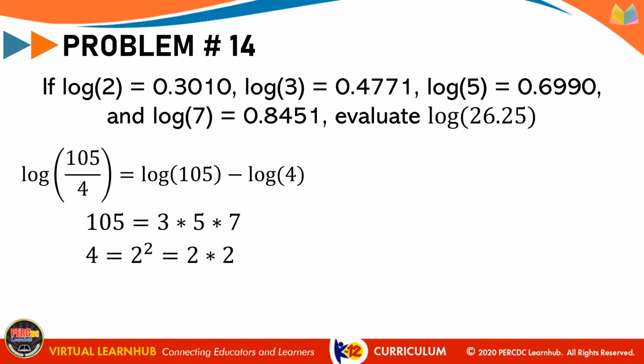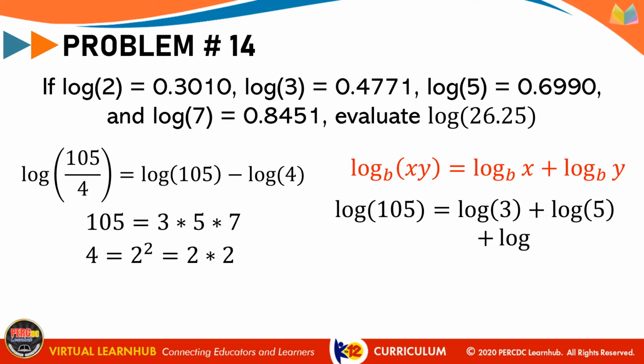Now that we have this, we can proceed to our next property of logarithm. The logarithm of the product xy to the base b is equal to the log of x to the base b plus log of y to the base b, giving us log of 105 equals log of 3 plus log of 5 plus log of 7.